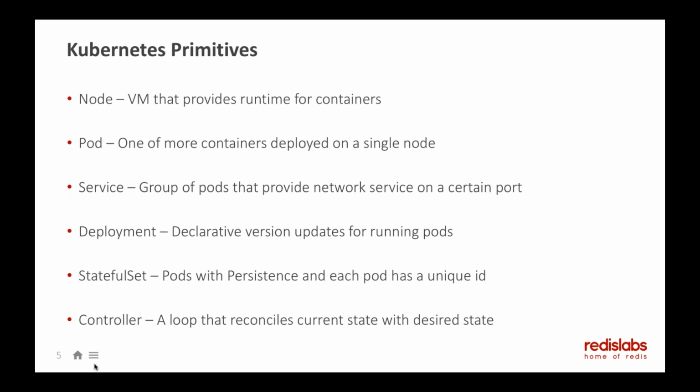The way to think about a controller is that it's a loop that reconciles the current state and the desired state. You can have many types of controllers and multiple levels of controllers, but the whole idea is that Kubernetes provides you with that primitive which you can leverage in your application or in your service.